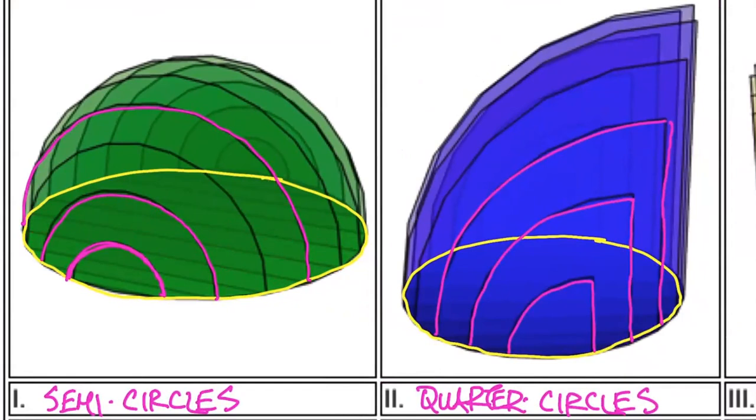In other words, here we have the bottom of that semicircle. And then this second one back here, that would be the bottom of that semicircle. And then that's the bottom of that semicircle. Okay. And so maybe by drawing in the bottom, it helps us see a little bit more that we're looking at something in 3 dimensions.